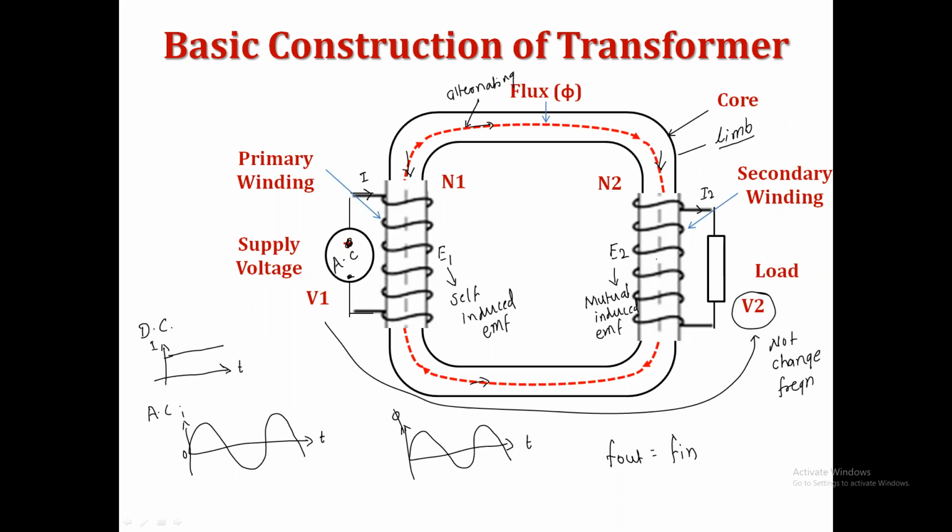Is it that clear? But my question is that here we considered an alternating supply voltage. Can the transformer work on a direct supply or DC voltage? Yes or no? No, sir.